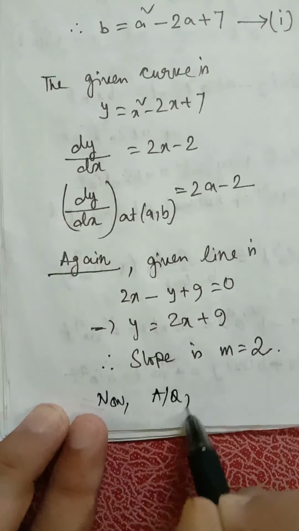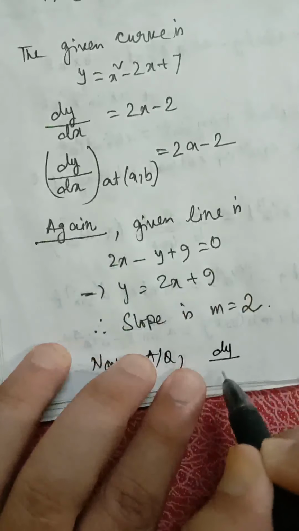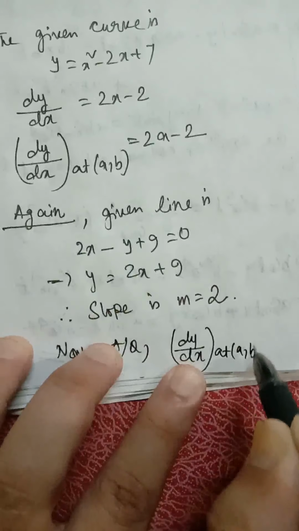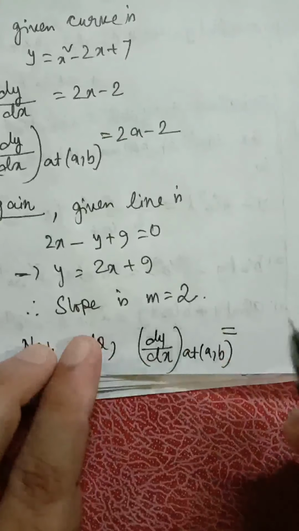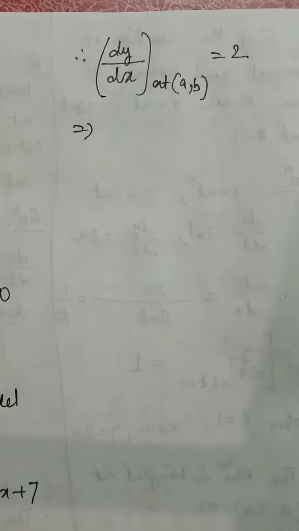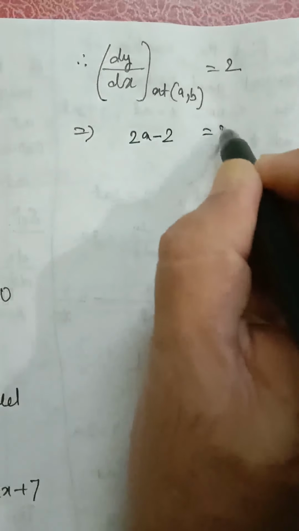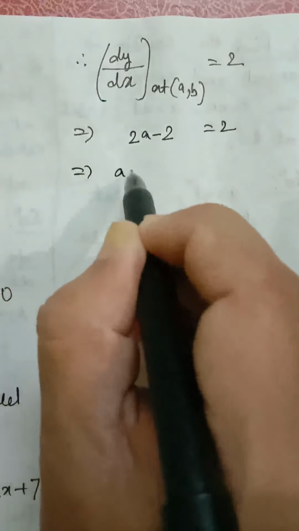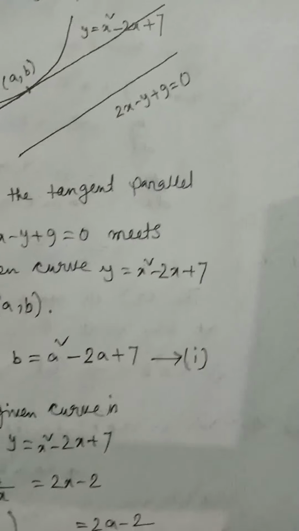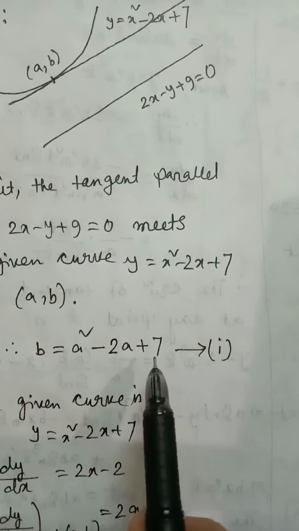According to the question, the slope of the tangent, dy by dx at (a, b), is equal to the slope of the given line, 2. So 2a minus 2 is equal to 2, and from this we get a equal to 2.